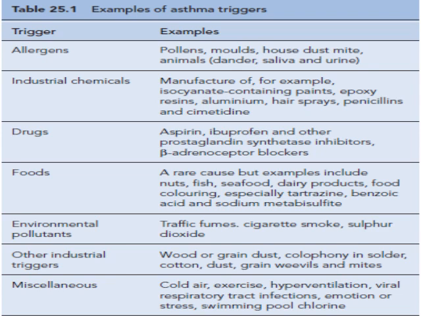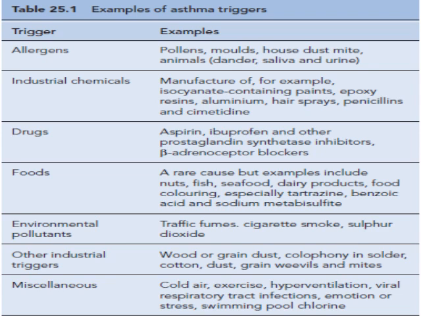Specific types of food can also trigger asthma, including nuts, fish, seafood, dairy products, and coloring reagents for food, especially tartrazine, benzoic acid, and sodium metabisulfites.